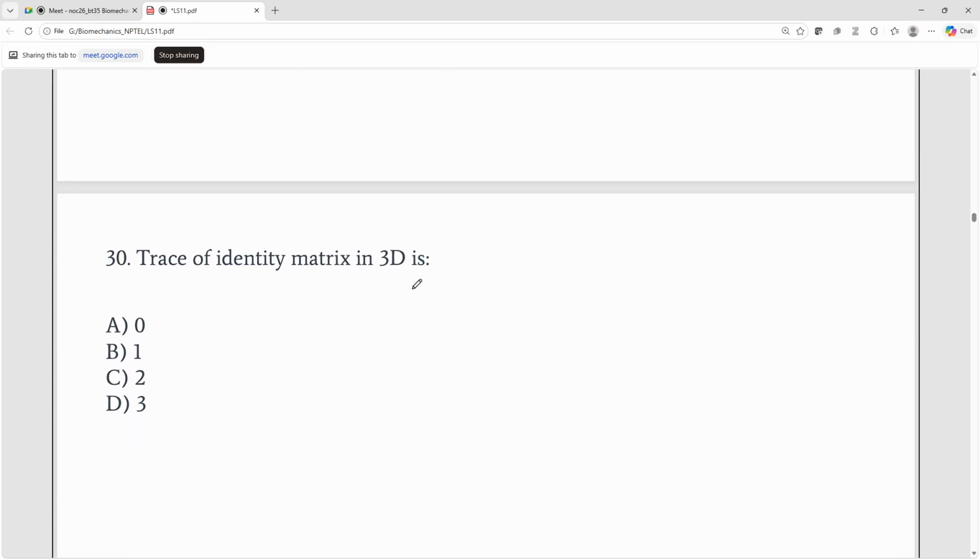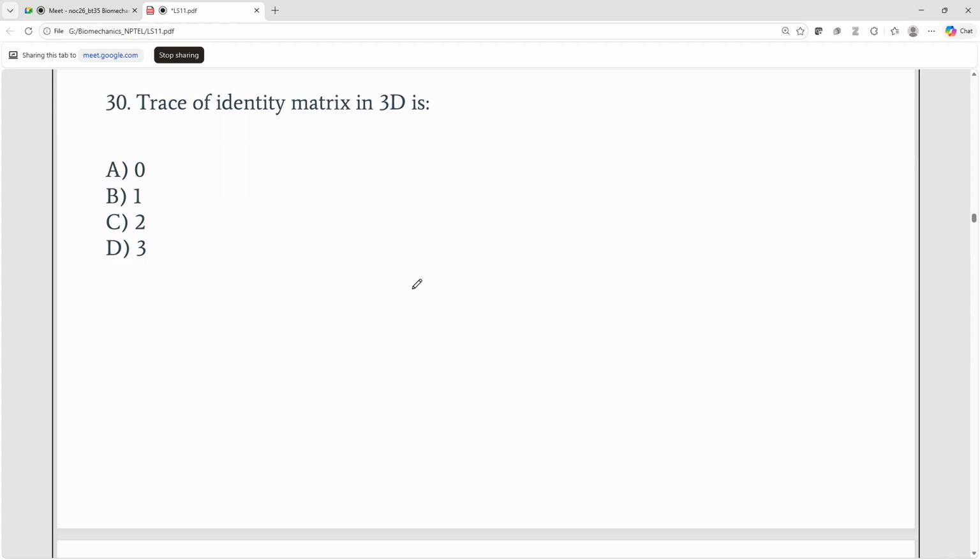Next question: the trace of an identity matrix in 3D is what? Options are option A, 0, option B, 1, option C, 2, option D, 3.